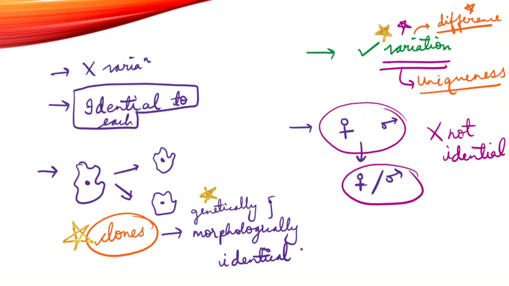You should know that variation comes because of crossing over. I have taught this in the chapter on genetics. Go and watch the lectures of genetics, clear the concepts of genetics. It's very important. You should know that they are identical to each other and there is no variation. You should know the word clone properly.